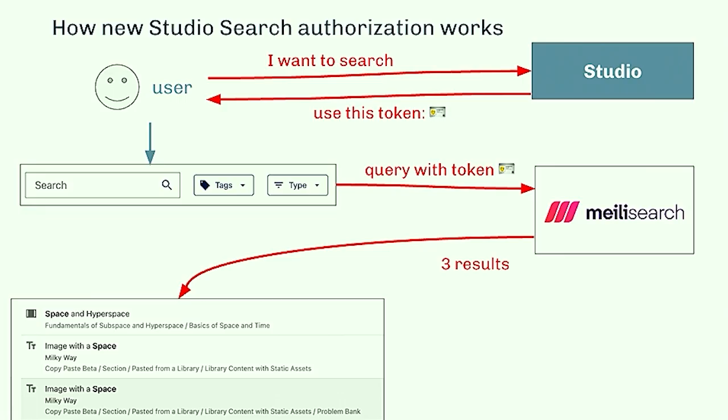Yeah, it's a good question, and I think it's an interesting technical challenge to solve. It's essentially, can you encode the user's permissions in less than 2 kilobytes or something like that? And there's a number of ways I've thought about answering that question, and it also depends on whether you're searching one course or all courses on the platform.